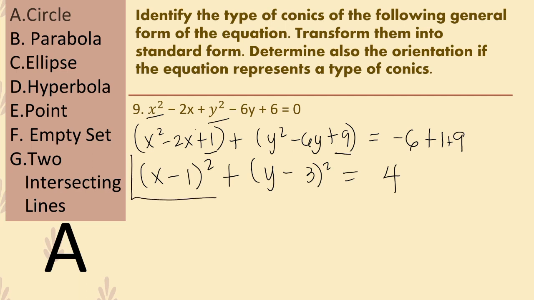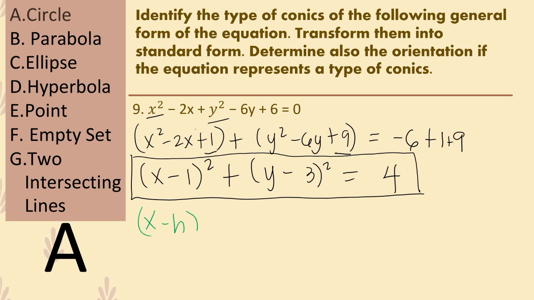So, that's correct. This is the standard equation of a circle: x minus h squared plus y minus k squared is equal to r squared.